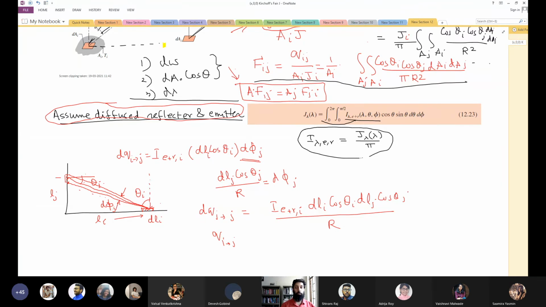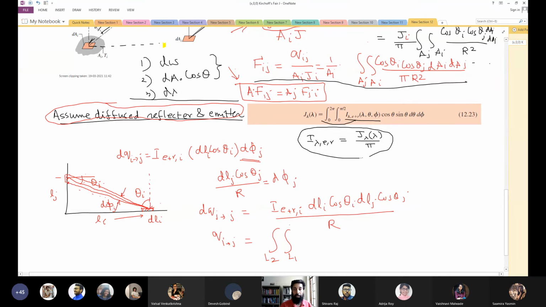So qij equals, we integrate it over line 1 and line 2.